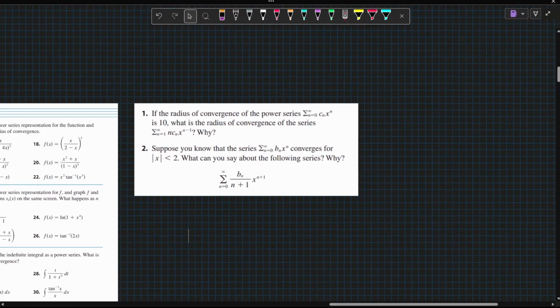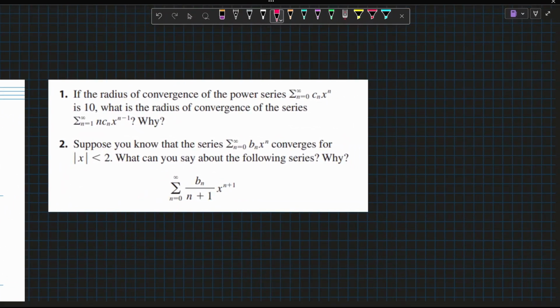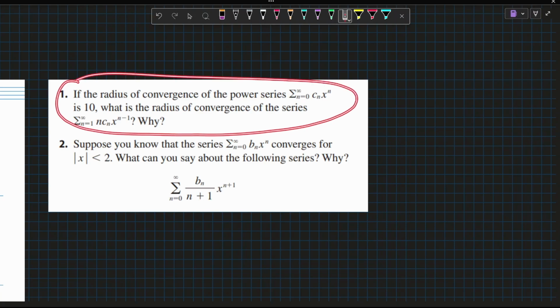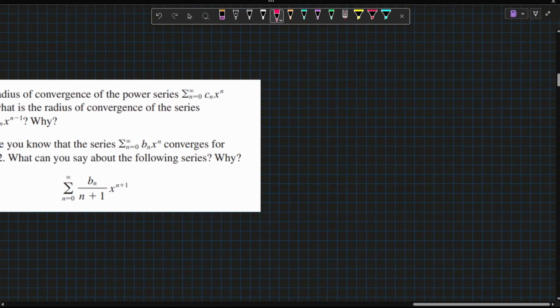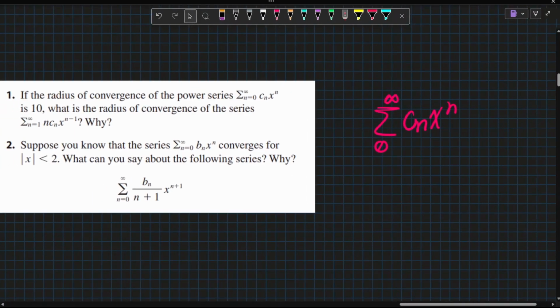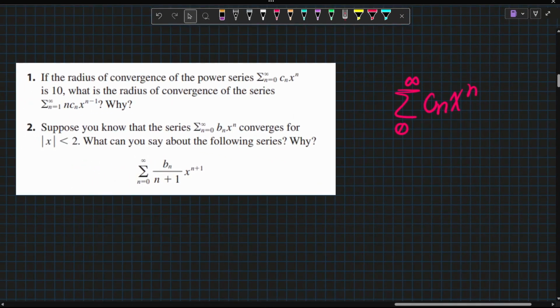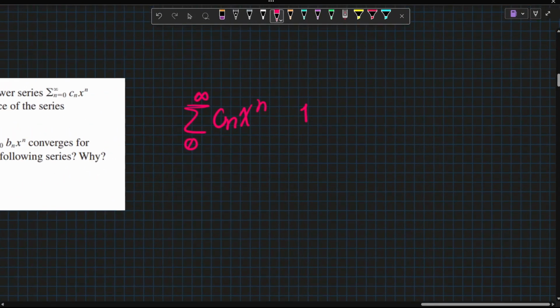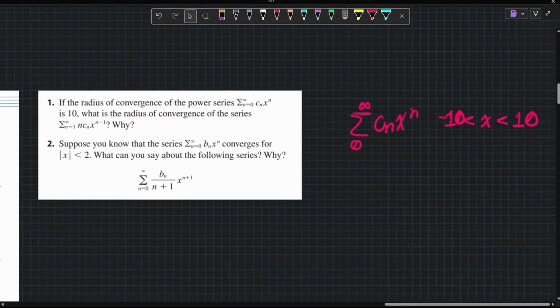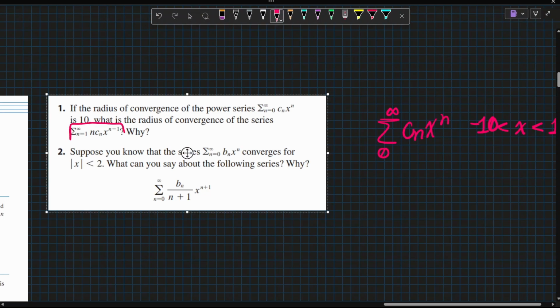Okay. So the first two rely on the same fundamental concept, but we'll go over the first one. It asks, if the radius of convergence of the power series, the sum from 0 to infinity of c_n x^n, has a radius of convergence of 10, then what happens to the radius of convergence when you have this function?